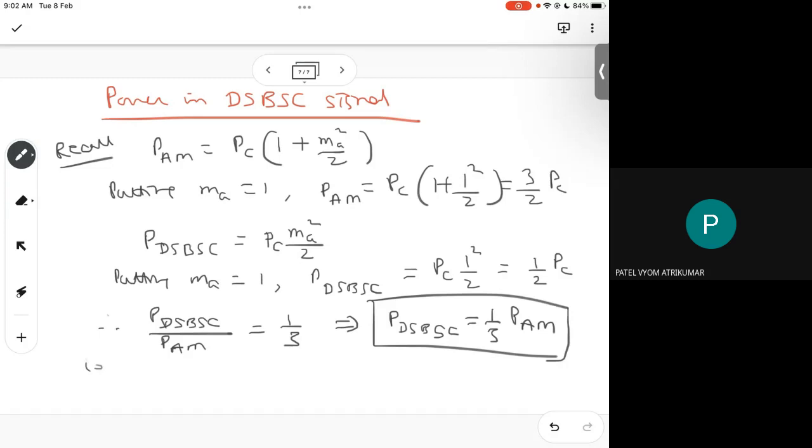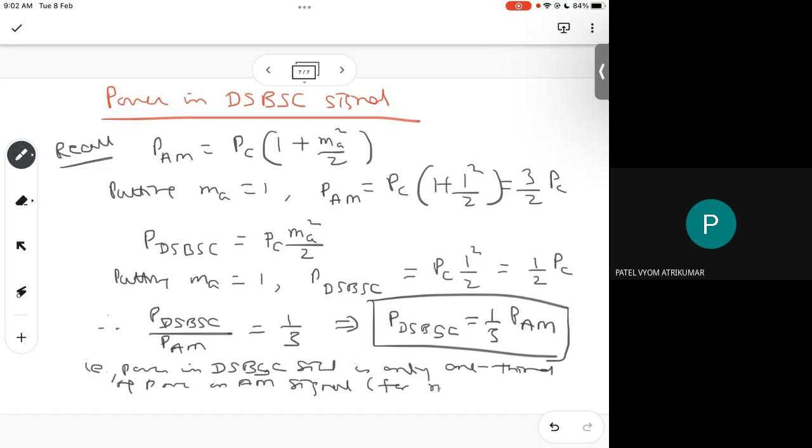That is, the power in the DSBSC signal is only 1/3 of the power in the AM signal. Obviously, we have done this for the case of m equal to 1, and that may be true for other signals too. So what we've seen here is a lot of saving.